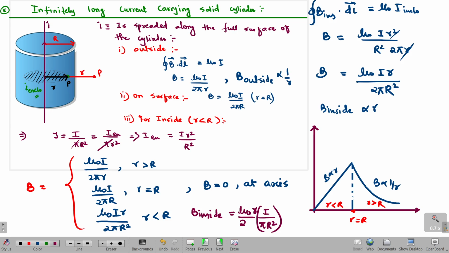The current density. So B inside in terms of current density can also be written as mu naught by 2 J vector cross R vector, for r less than R. Are you able to get me?